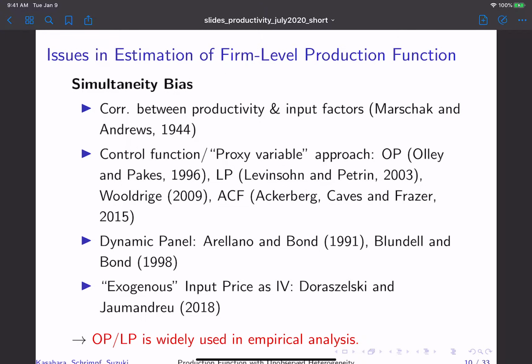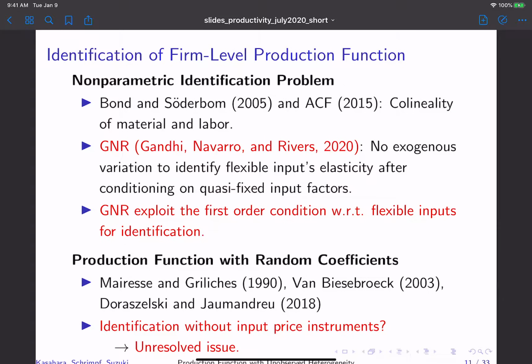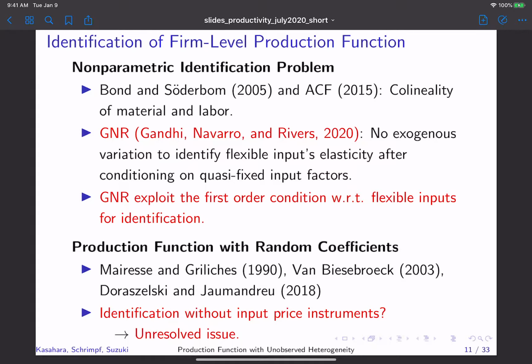In the interest of time, I'm not going to talk about the vast literature on the production function, but I just point out that Gandhi, Navarro, and Rivers have the argument that there is an identification problem if you use a control function approach, and they exploit the first order condition with respect to the flexible inputs as an additional restriction to recover identification. And that's the identification strategy we're going to use too.